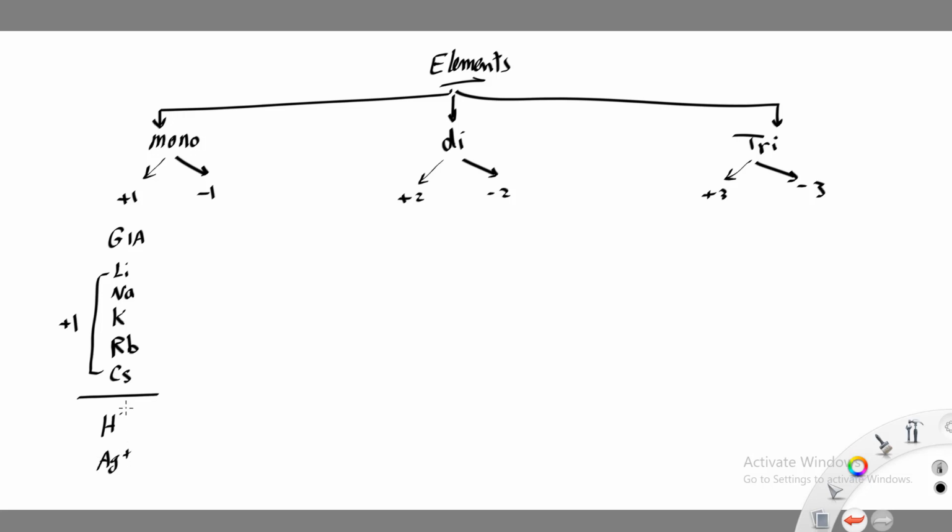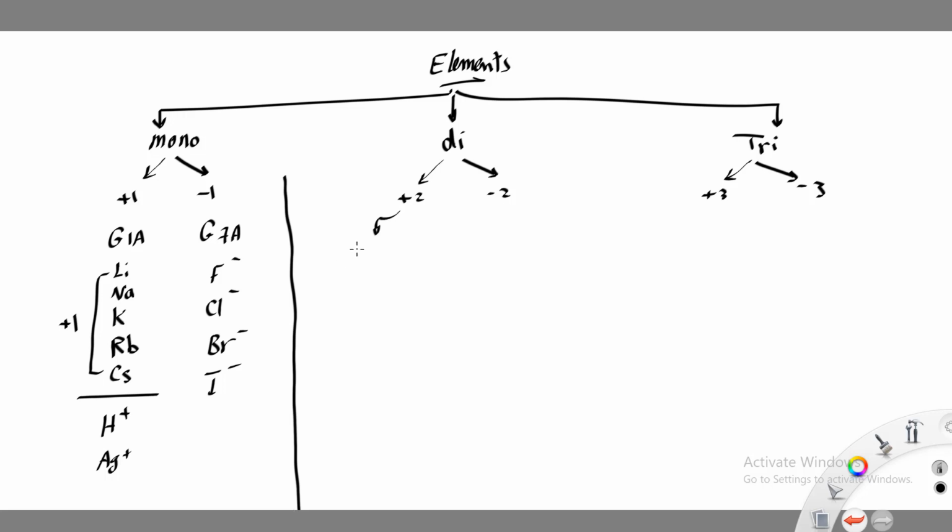Silver is a transition element, and hydrogen is found in group 1A, only in the positive state. But when we talk about the monovalent nonmetals, group 7A or group 17: fluorine, chlorine, bromine, iodine, and astatine. Astatine is prepared artificially in the lab, so it will not be taken into consideration.